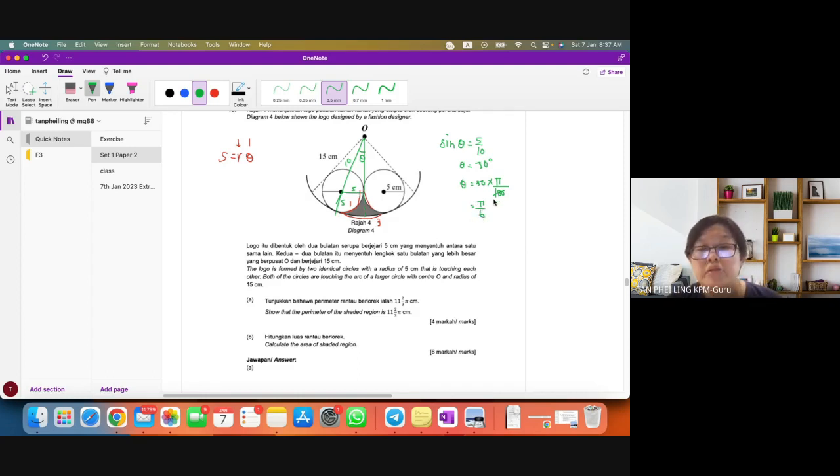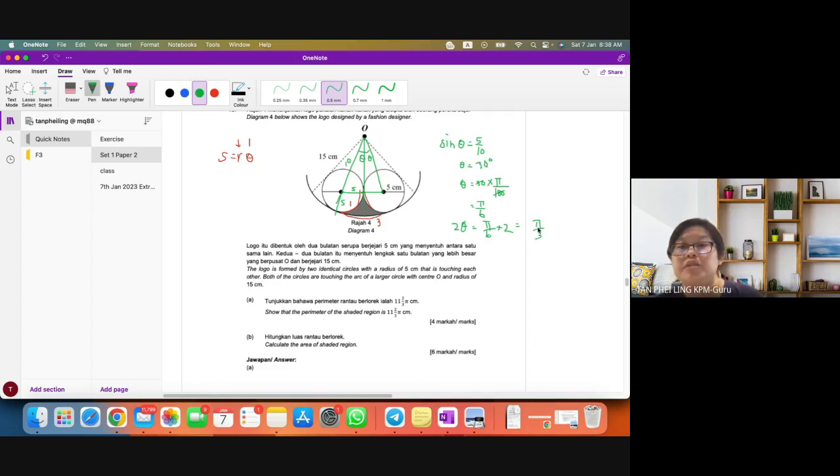Okay, but don't forget that now when we want to find this whole theta here, it is two parts of this. So this should be another part here. So to find out the whole theta, okay, times 2, so that there's a theta here. Okay, so 2 theta should be pi over 6 times 2. So that's how we get pi over 3.